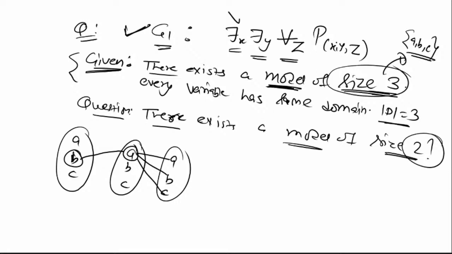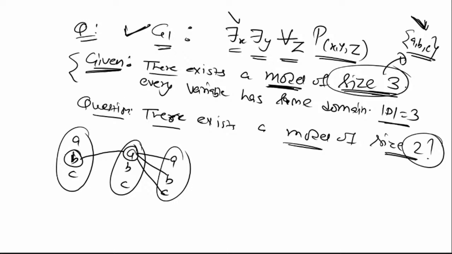For these triples, this P(X,Y,Z) must be true. This is given to you because in the question he's saying there exists a model of size 3. Now we are assuming that this is that model, meaning the domain is A, B, C, and in this domain we have at least one interpretation such that this G1 will become true.